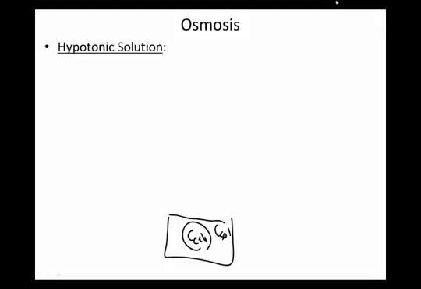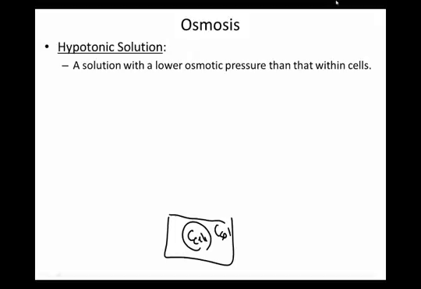Okay, a couple quick terms to go with something I already introduced. Imagine, going back to that idea of the cell, you have the concentration of the cell and the concentration of the solution. So we have 3 terms to describe the solution. A hypotonic solution is something that has a lower osmotic pressure than that within cells, right?